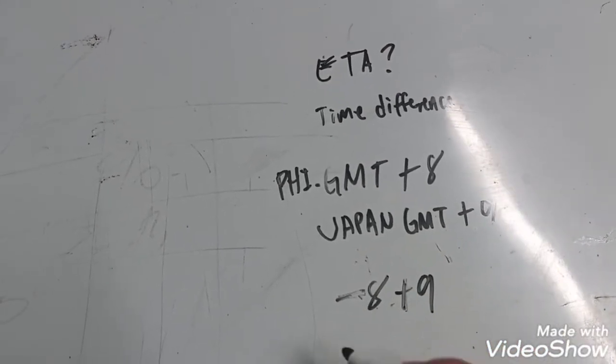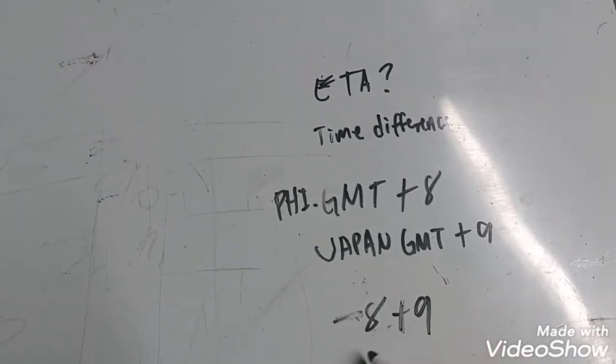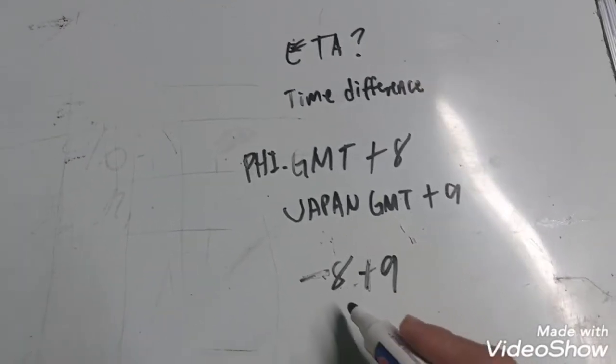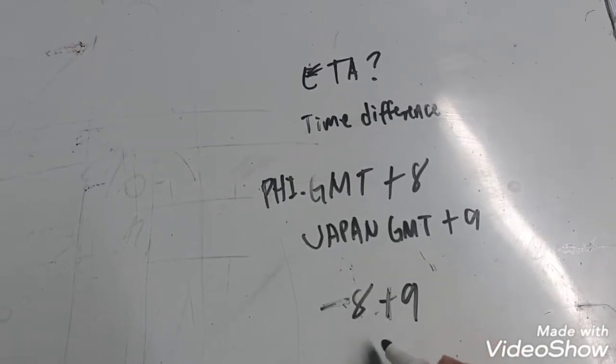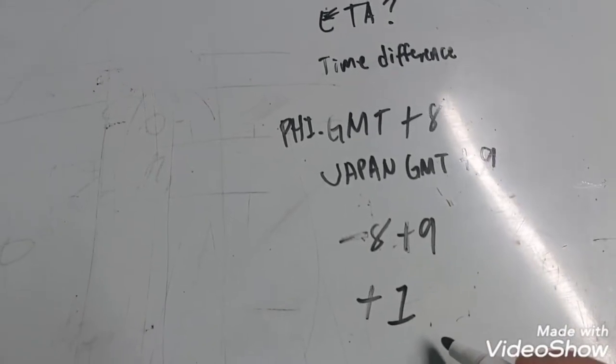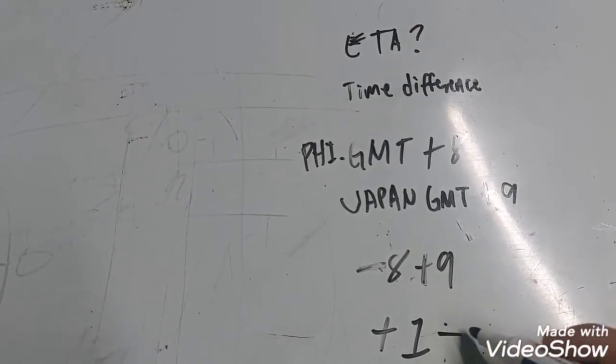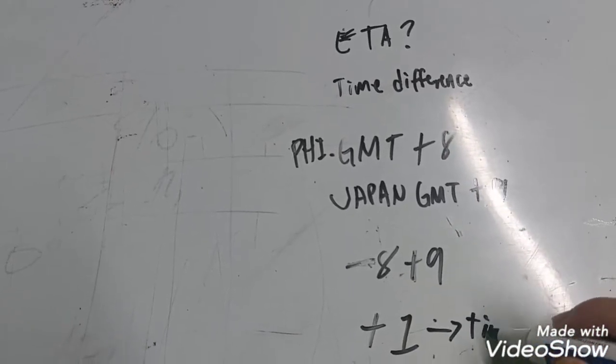So in the rule of signs in algebra, the answer when you sum this up is +1, meaning +1 is the time difference.